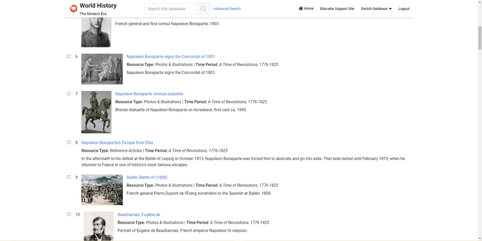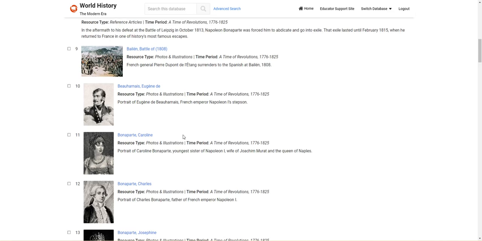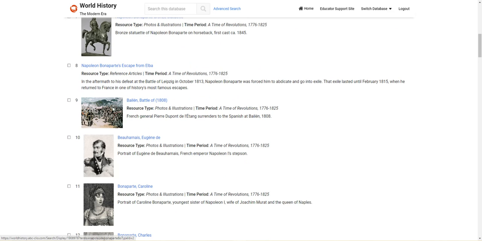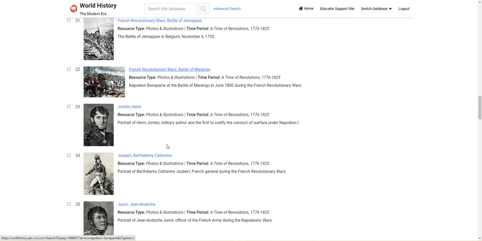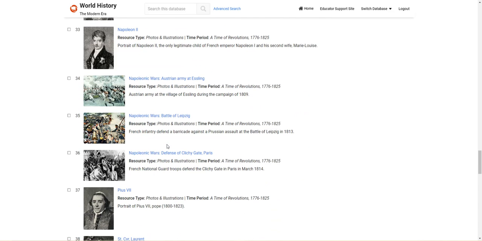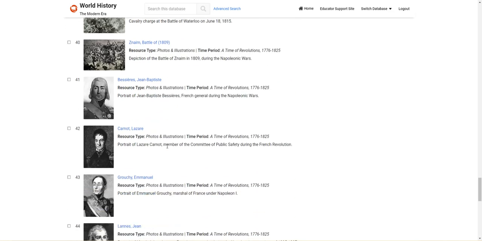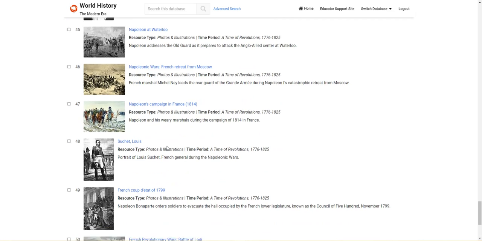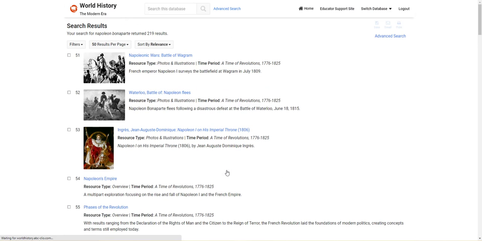There are statues, there are illustrations and photos of battles, and there are letters, and there's just so many different resources. Scrolling down here, there's information about Pius the Seventh, and all of these figures that are connected in some way to Napoleon. And you'll notice that there are a lot of results. The Battle of Waterloo, so on and so forth.